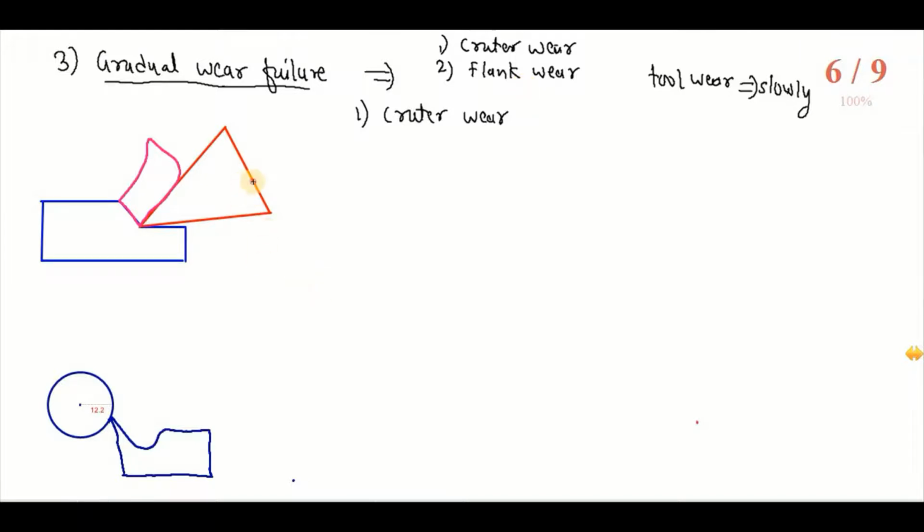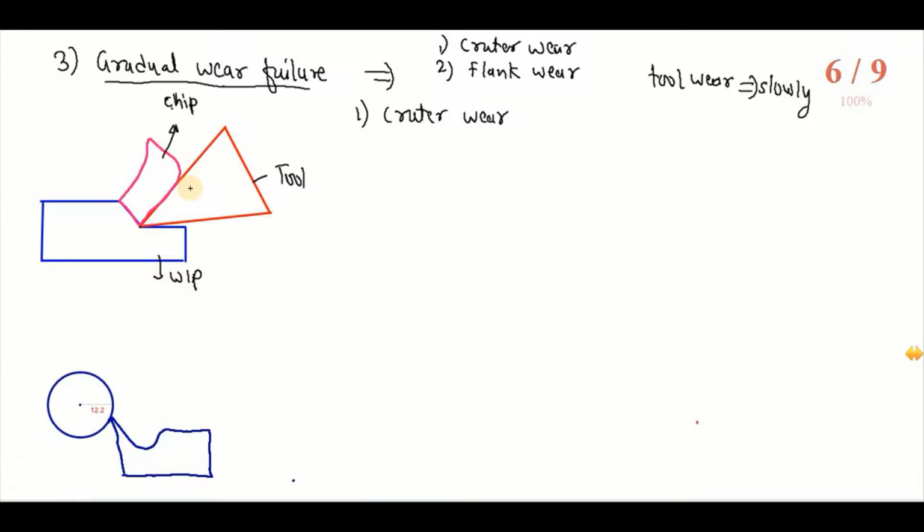Now this is our tool, and this is the workpiece on which we are doing the machining operation. These are the moving chips, and at this point we are applying the force. At this shear plane, shearing and cracking take place and the chips move.